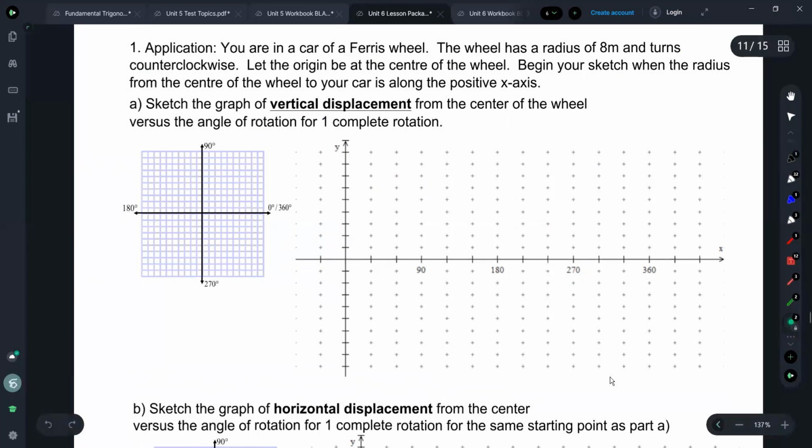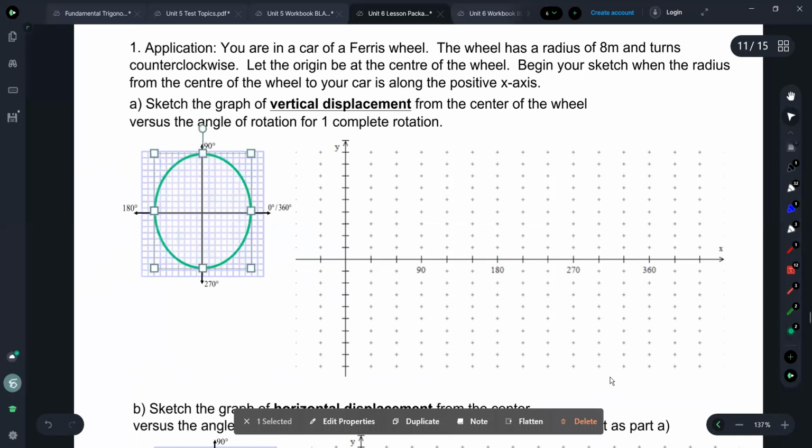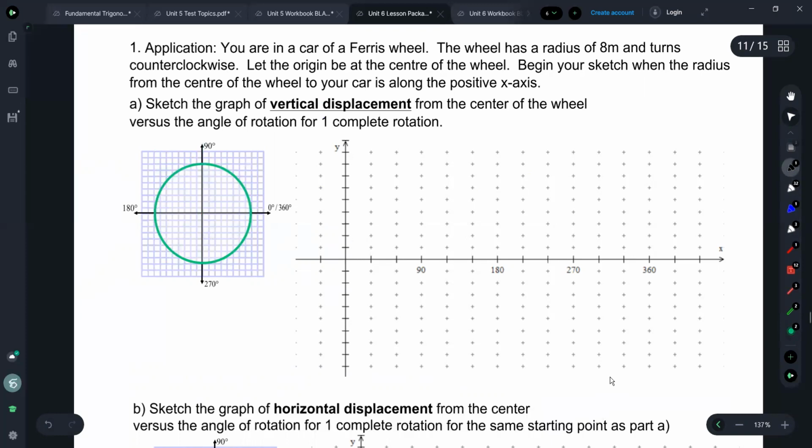Okay, so I'm going to create a circle here that's 8 units in all directions on our axis. Radius is from the center to the outside. So 8 units this way, 8 units this way, and all.